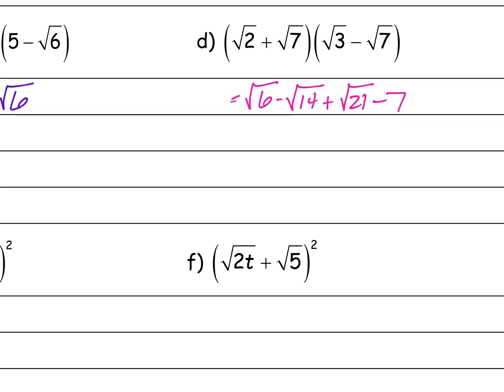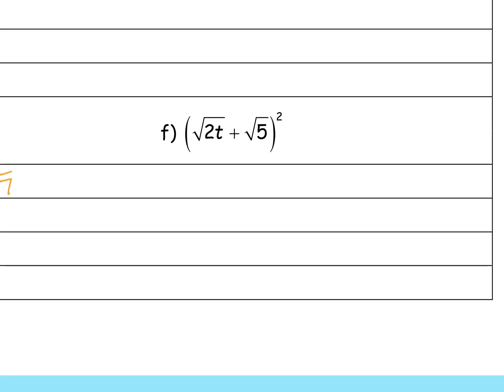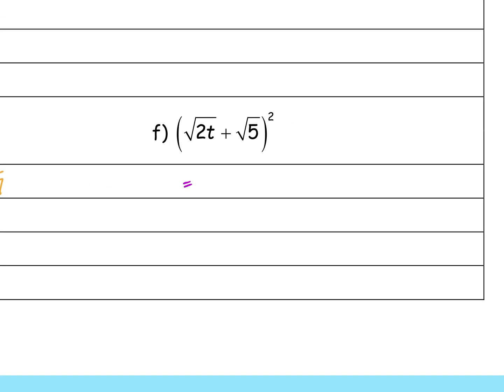E is 23 plus 8 square root 7. Yeah. And then F is 2t plus 2 square root of 10t plus 5. Any questions?